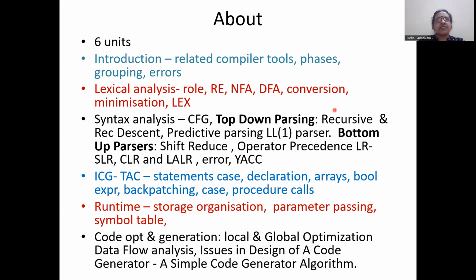Then the other phases of compilation, namely code optimization and code generation phases, are also discussed. Code optimization phase mainly deals with the local and global data flow analysis, and the code generation deals with the code generation algorithm that can be used with examples.